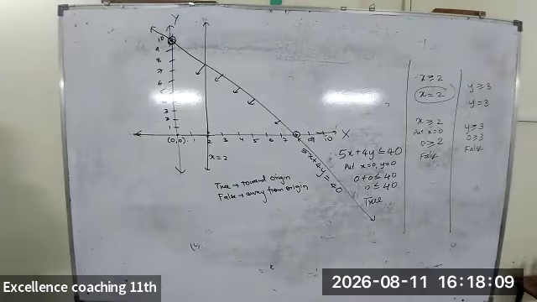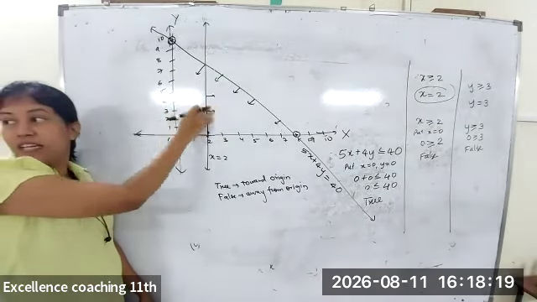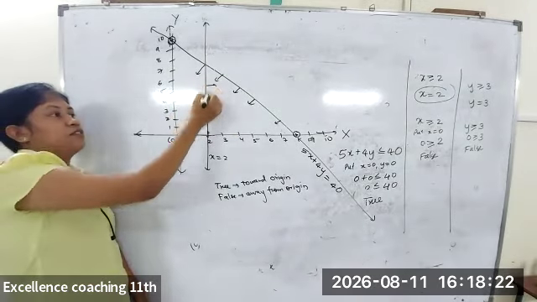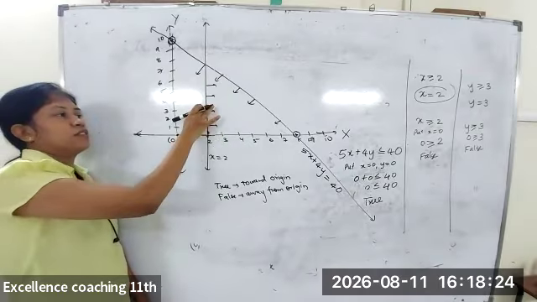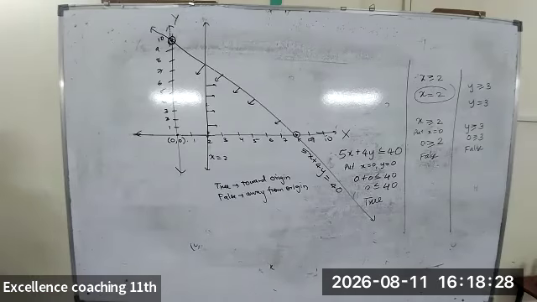Now arrows, check. True or false? False. False means what? Run away from the origin, this side. Now, you have to run away from the origin because it's false.